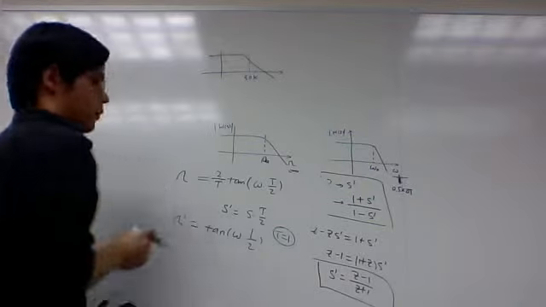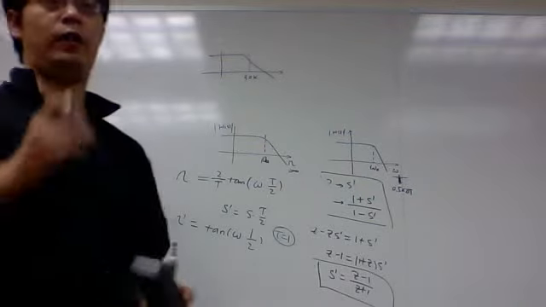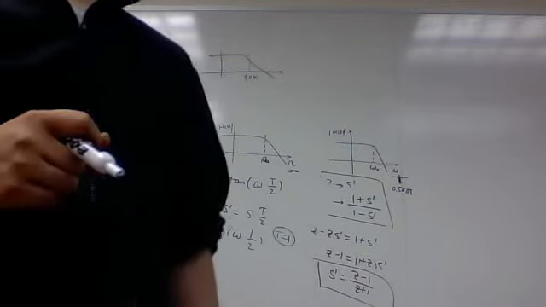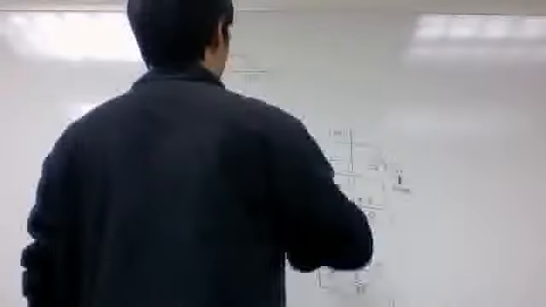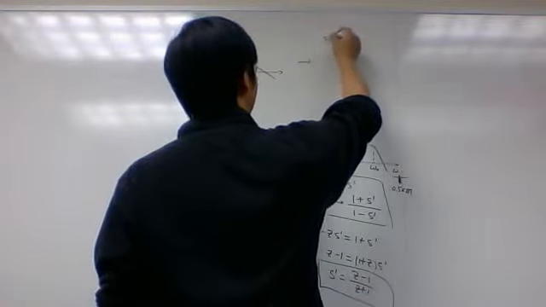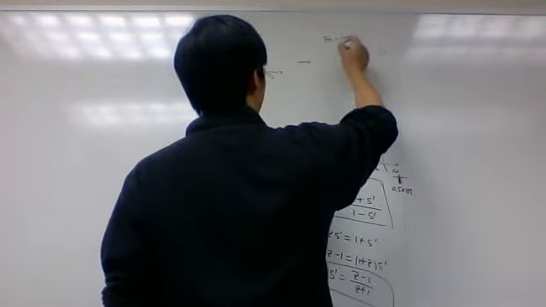Okay, and this is your continuous time model. And right now you want to translate this to a sampling rate of 100 kilohertz.